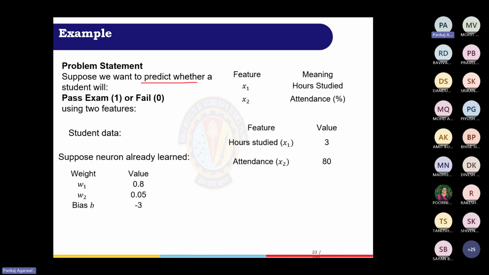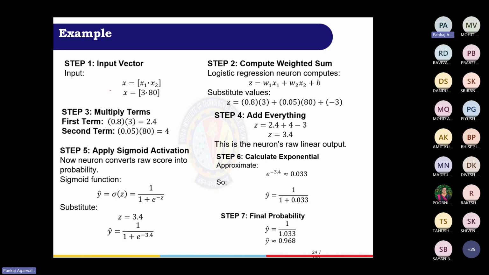Suppose you want to predict whether a student will pass or fail. The features are, suppose, hours studied, and another could be attendance. This is a sample value, just to get an output, and these are sample weights that we have taken. I would do the input first.